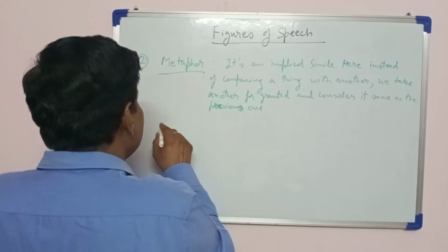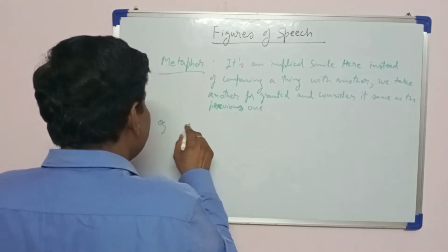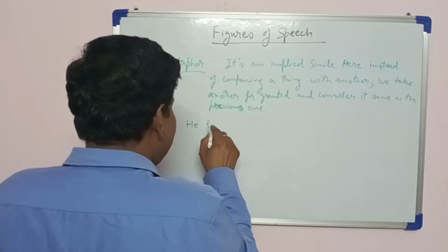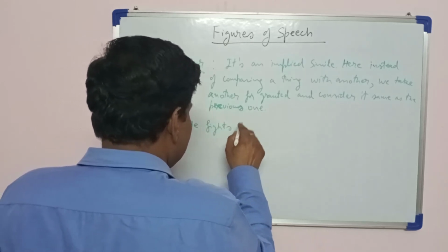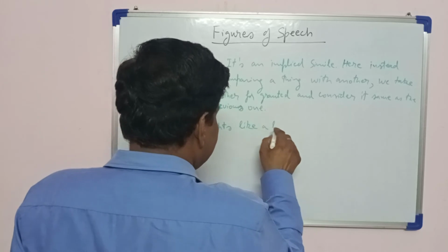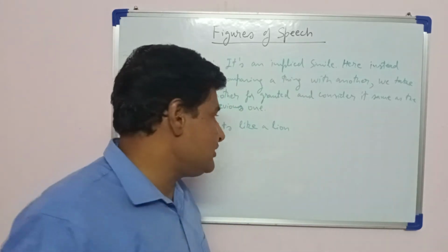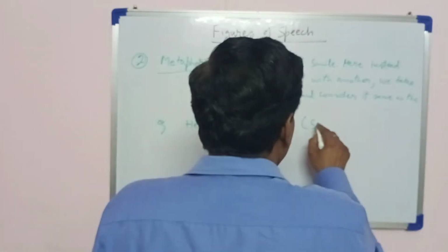So how does it happen? Example, he fights like a lion. Here, what is the figure of speech? Obviously, it is simile.